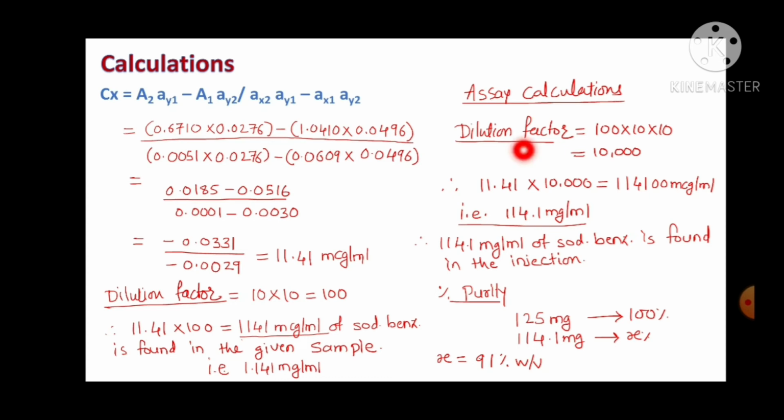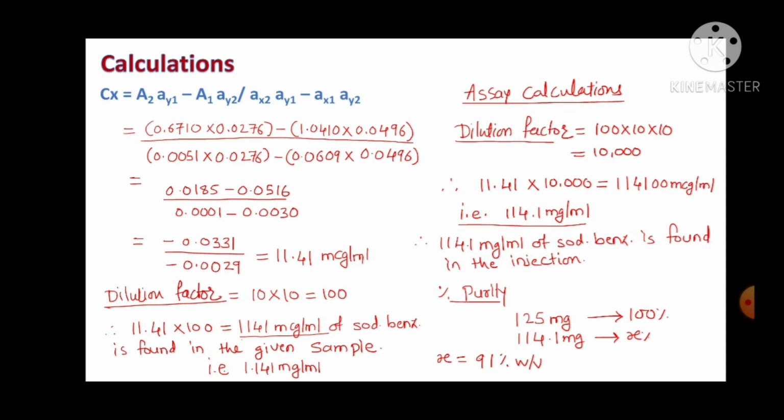So the formulation we took, we took 1 ml and diluted to 100 ml. So again we have to change the dilution factor for that. The initial sample was diluted 100 times, then 10 multiplied by 10, it will be 10,000. So if I take this value and multiply with 10,000, I will be getting the concentration which is exactly present in the formulation, or the injection.